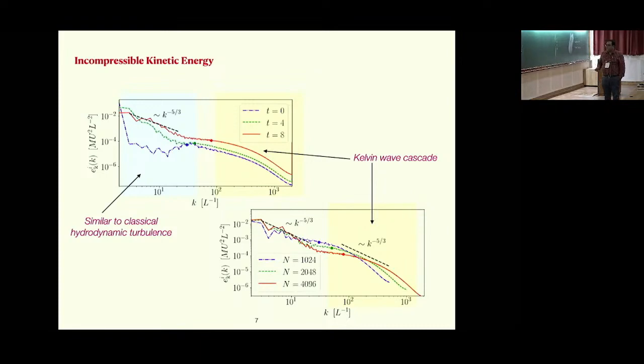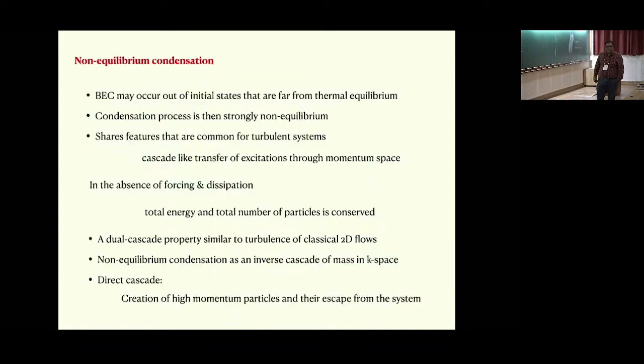So if you have larger and larger simulation sizes, you can disentangle a variety of collective, non-equilibrium processes which are going on in the strongly turbulent phase. Okay, from there I will switch gears and come to non-equilibrium condensation.